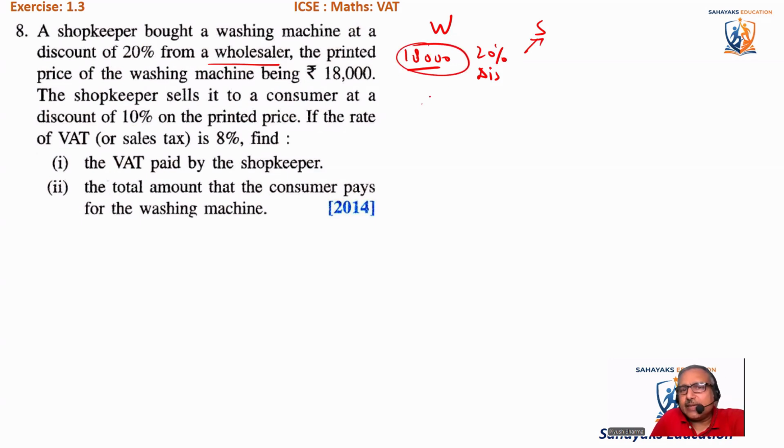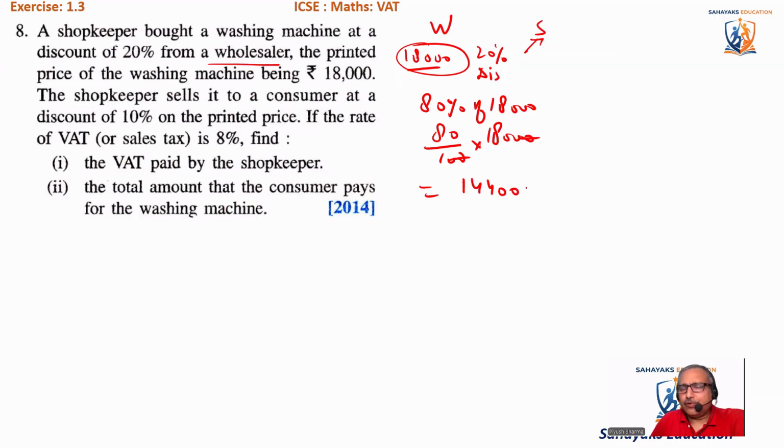So let's find out what is 80% of 18,000. It is 80 by 100 into 18,000. So this got cancelled out. We got 18 into 8, which will come as 14,400.